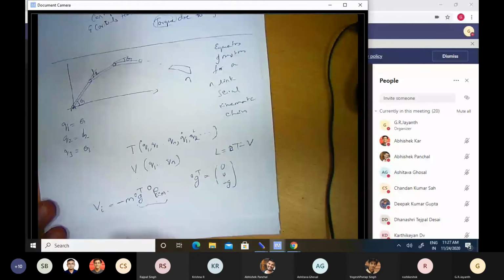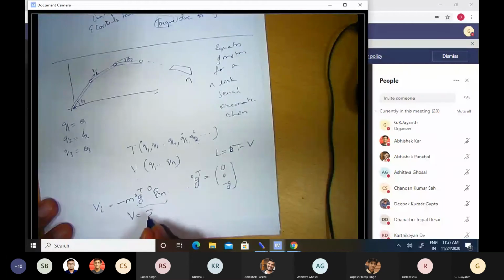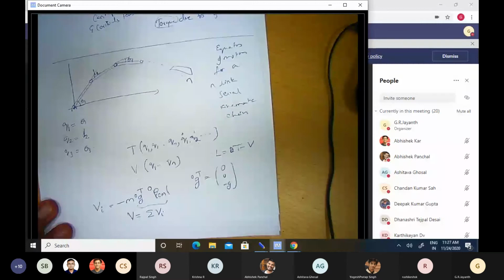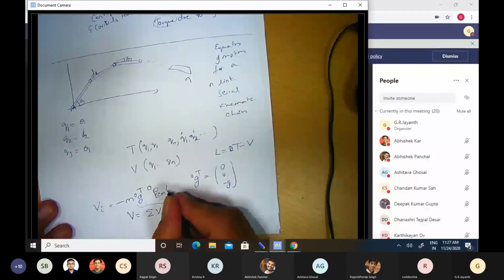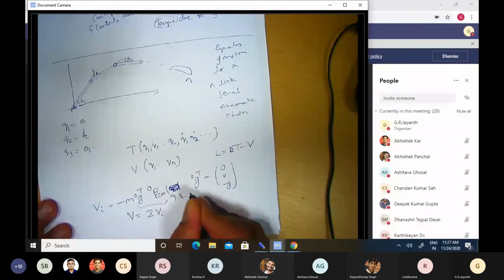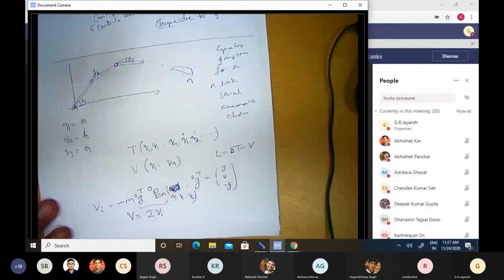So the total potential energy is equal to sigma V_i. Now the position of that ith center of mass will be a function of the joint variables up to the ith joint, so it will be a function of theta 1, theta 2, etc. In other words, a function of q1, q2, all the way up to q_i. Any questions again about this?